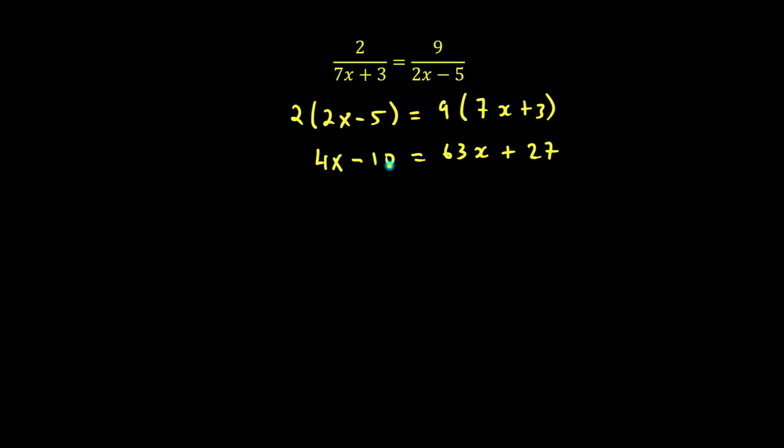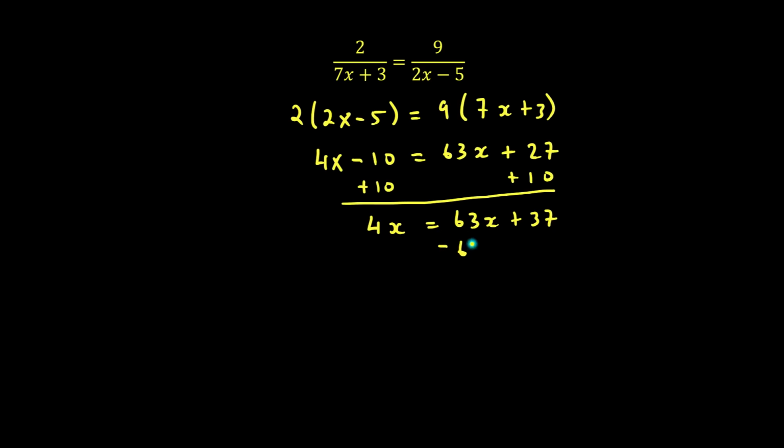And then I'm going to deal with this first, so I'm going to add 10 to both sides to get rid of the 10 from the left hand side. Then that would leave me with 4x is equal to, so the 10's cancel, so that will leave me with 63x on this side plus 37. Then I would subtract 63x from both sides.